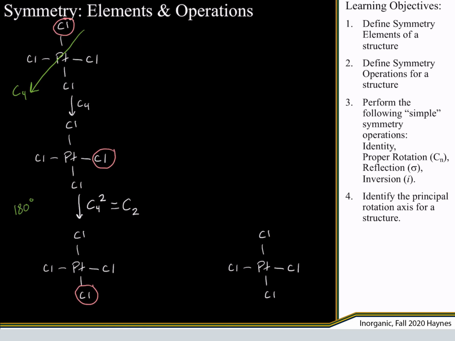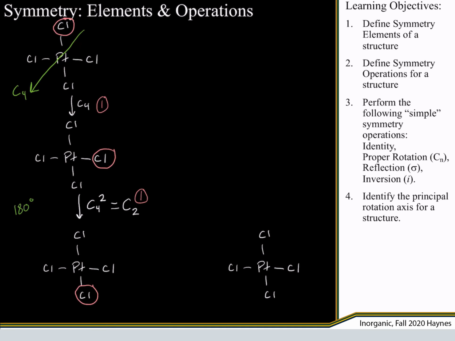So far, we would say that there is one C4 operation that we can account for, and then there is one C2 operation that we can account for that occur along the same exact axis, right? Operations occur about an element. So this same axis has a C4 and a C2.